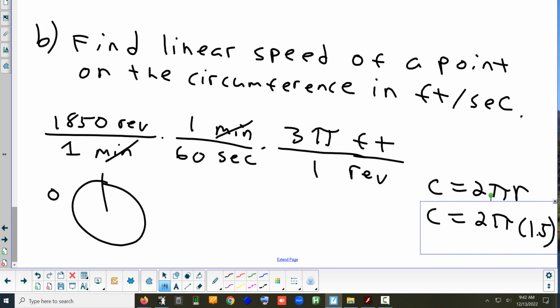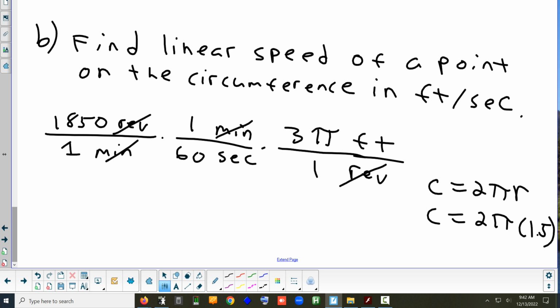So this conversion right here is always figured out using the circumference formula. I just need to multiply that up. So what's the answer?